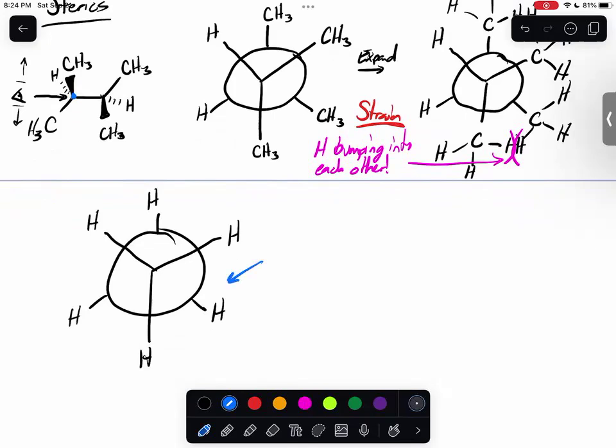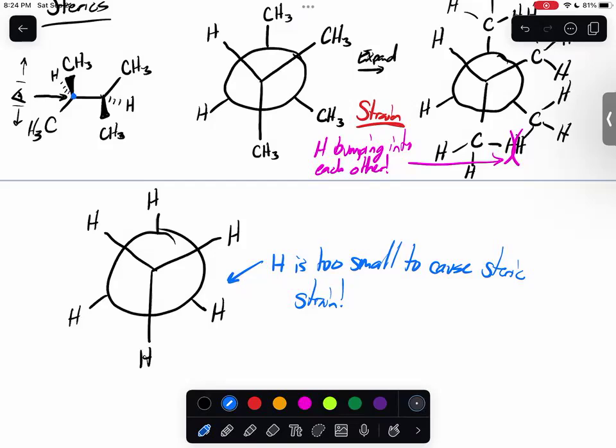So because of that, we know that hydrogen is too small to cause steric strain, right? It's just too small. It doesn't actually have any interactions in this conformation.